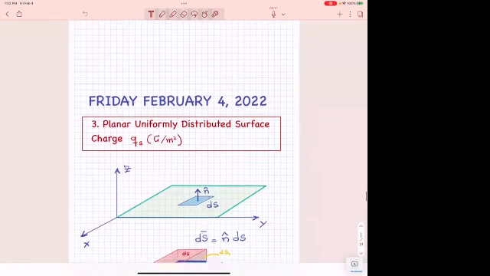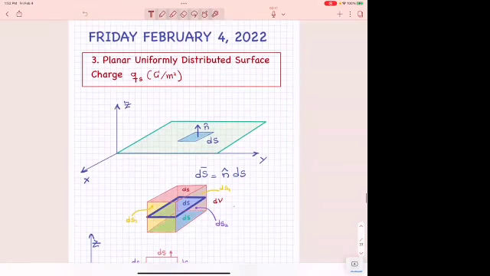So today, if you remember, we covered a point charge and the field around it. We covered an infinite line charge and the field around it using cylindrical coordinates. Then we covered a spherical charge, and we found the field.